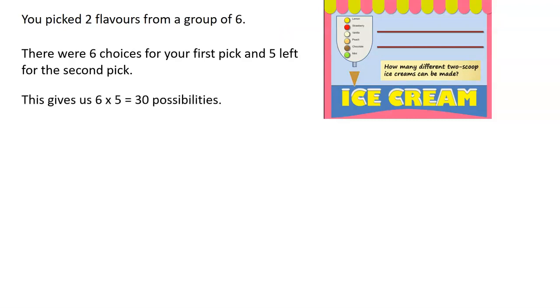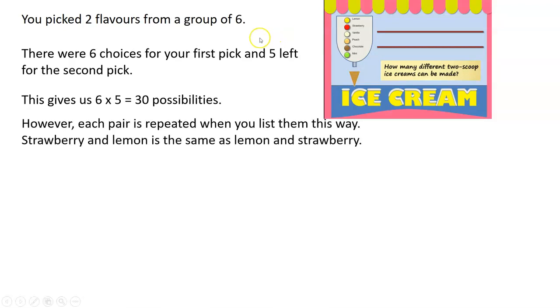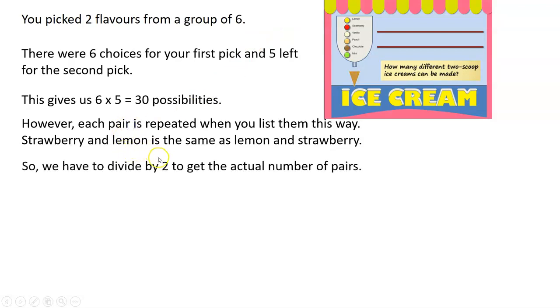This gave us 30 possibilities, but because lemon and strawberry is the same as strawberry and lemon, we need to take that into consideration. So we have repeated pairs, so that means we need to divide by 2 to get the actual number of pairs. So in our example, the number of pairs we had was 6 times 5 divided by 2, so we had 15 different choices.